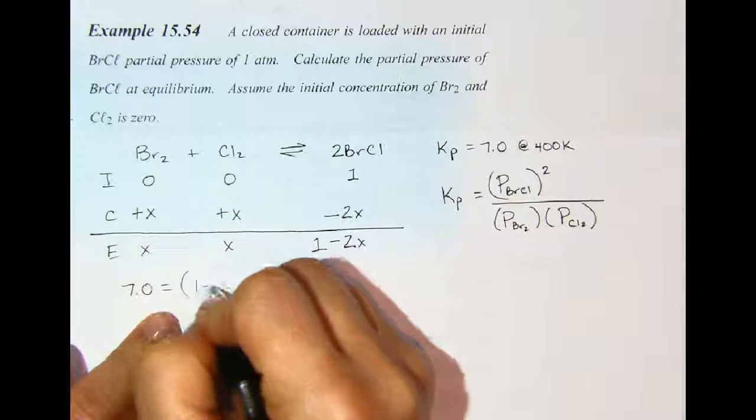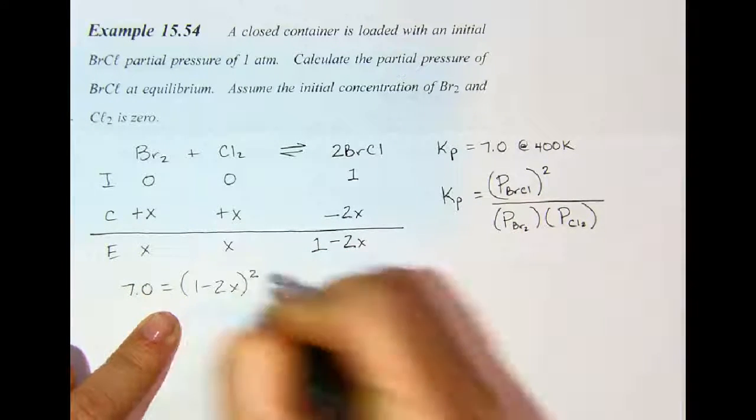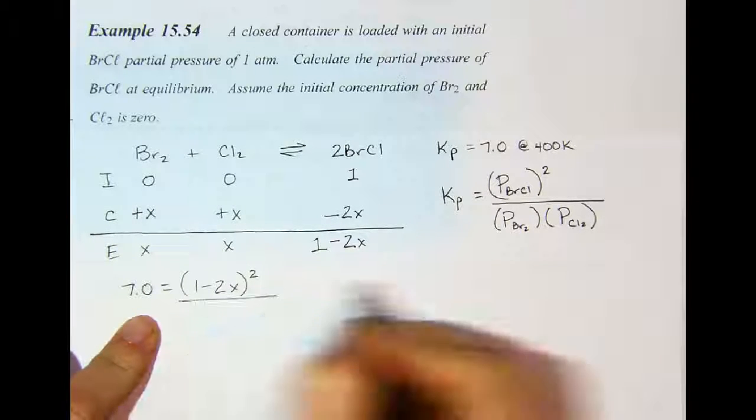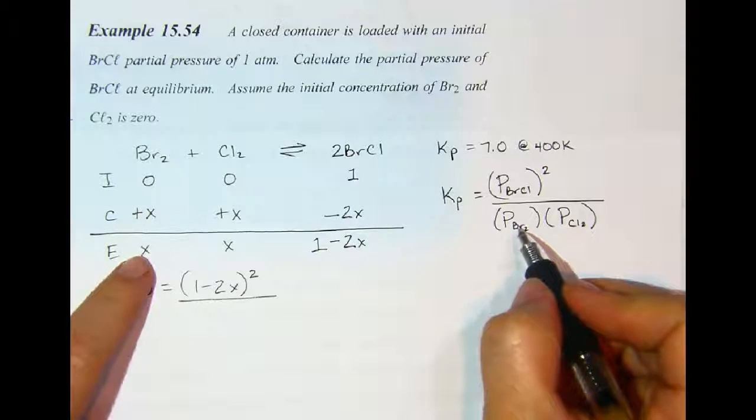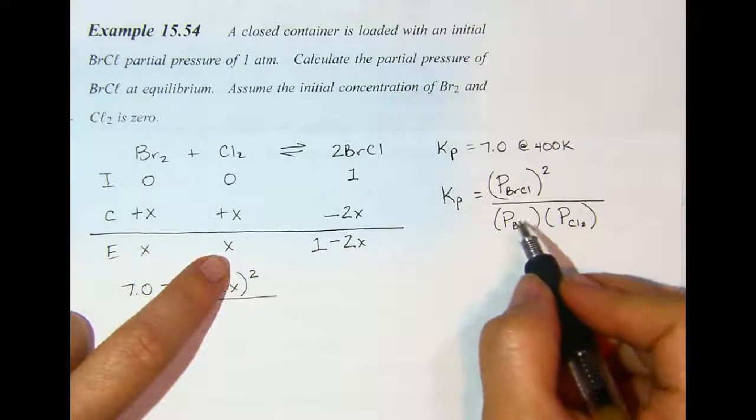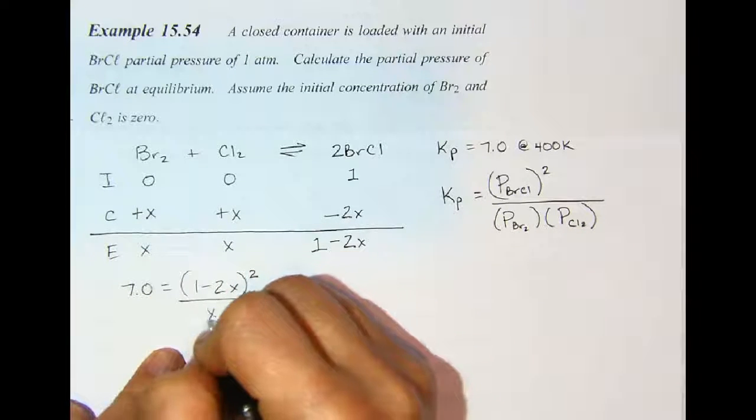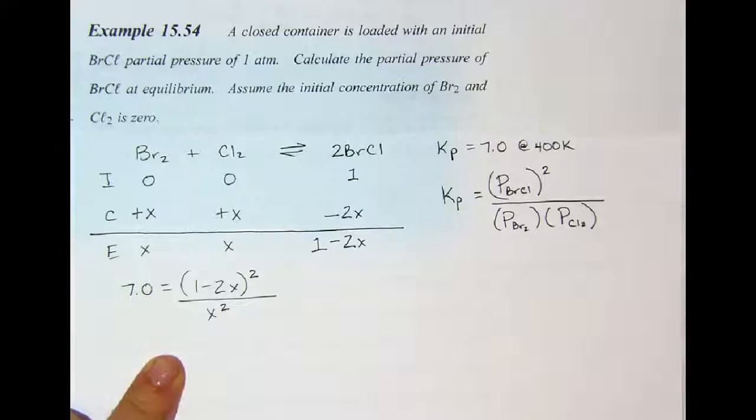So you're going to put 1 minus 2x, squared, over x times x, which gives me x squared in the denominator.